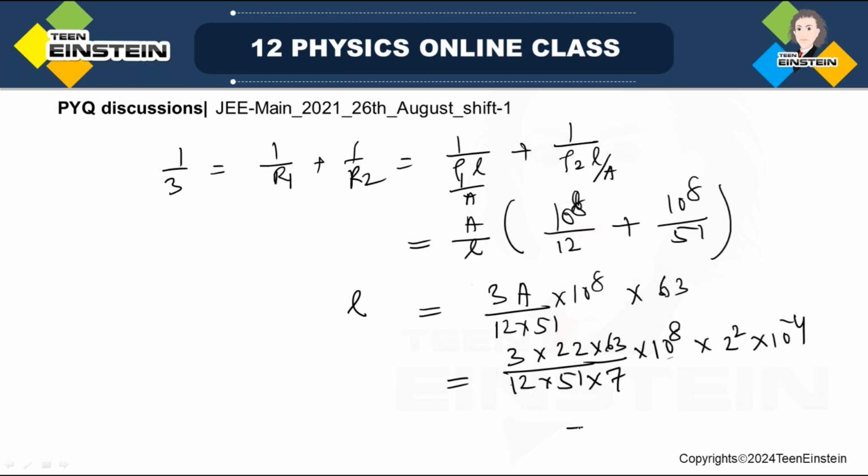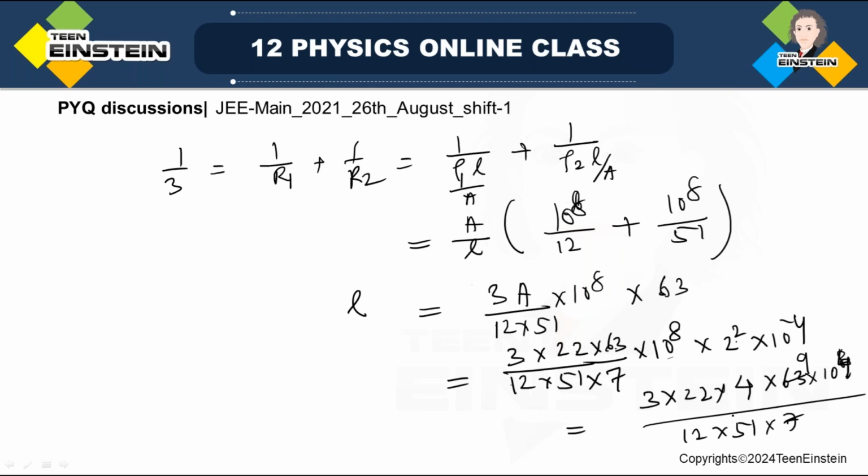Okay, so then I get 3, 22, 4, 63, divided by 12, 51 into 7.